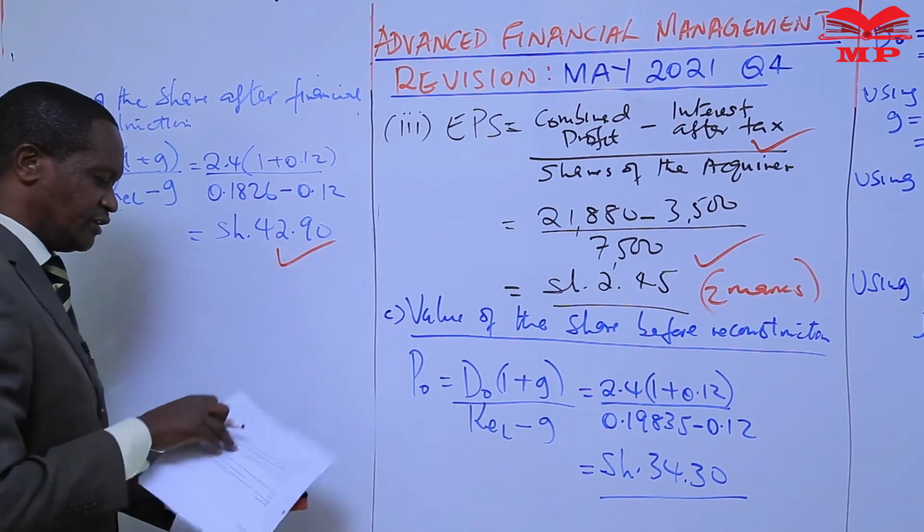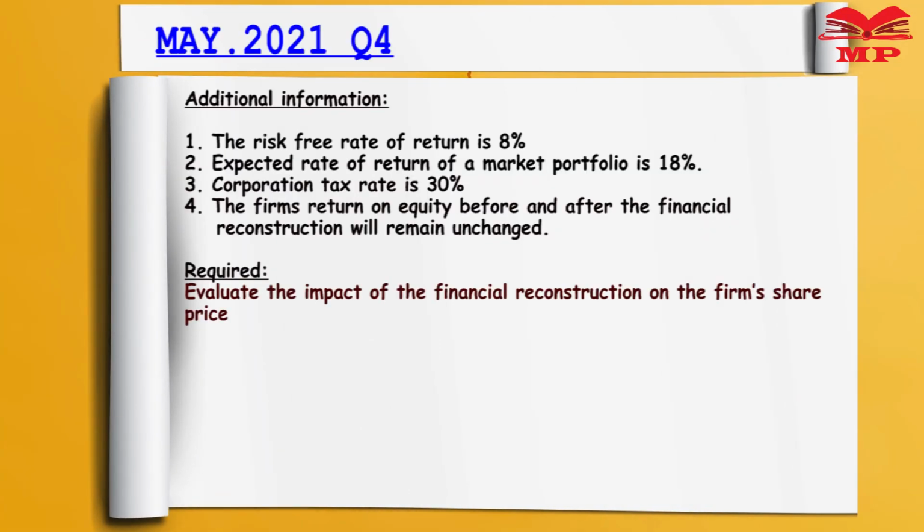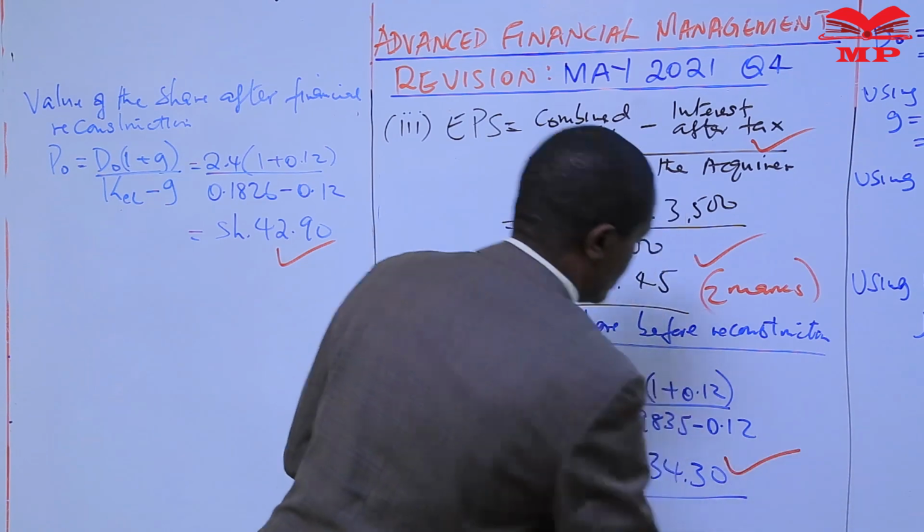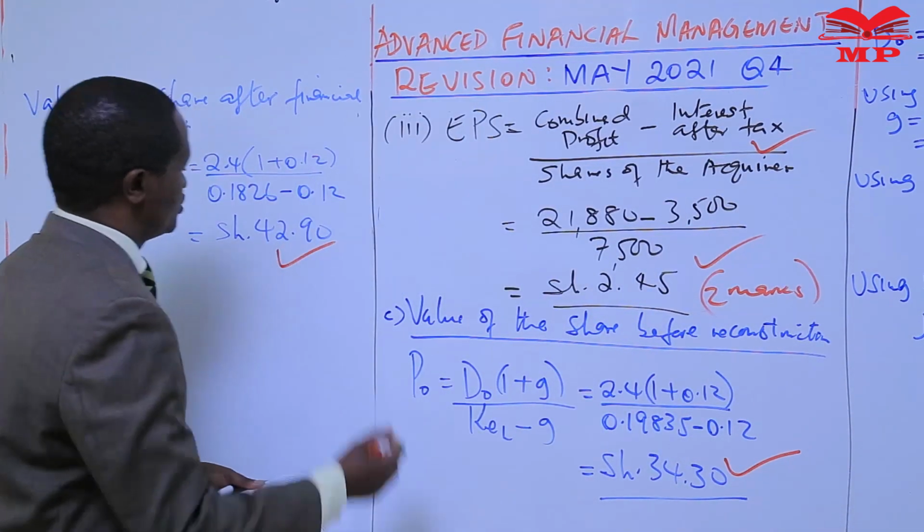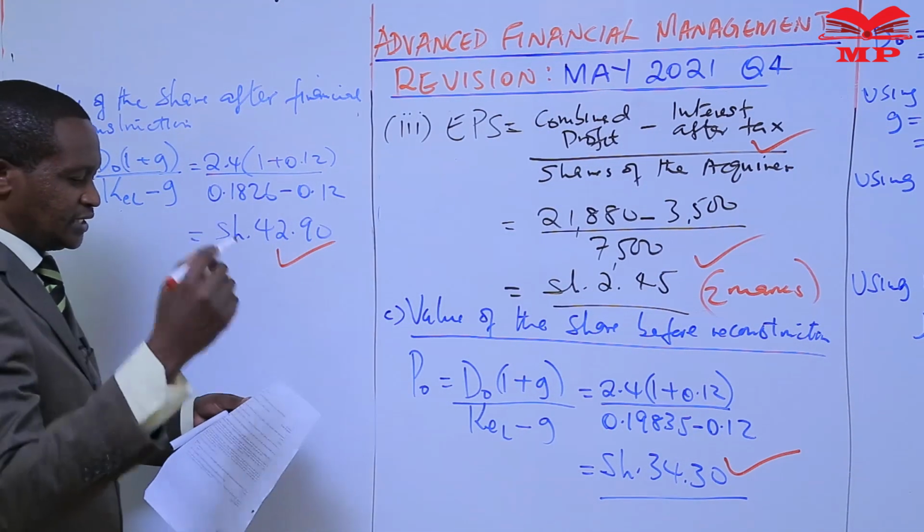That is the effect. The question was, evaluate the impact of the financial reconstruction on the value of share price. The share price has gone up from 34 shillings and 30 cents to 42 shillings and 90 cents.